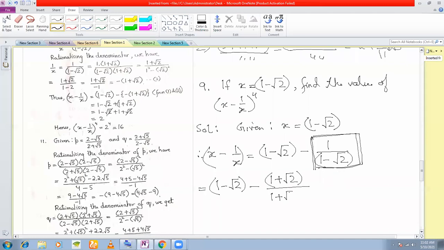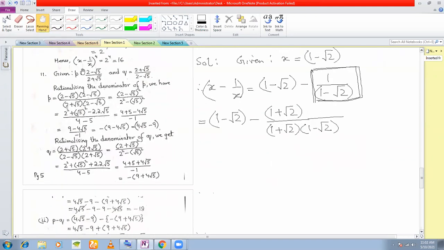You get 1 plus root 2 into 1 minus root 2, because 1 plus root 2 is the rationalizing factor. Next, this 1 minus root 2 we write as it is. And here now we simplify the denominator because the numerator is already in simplified form.